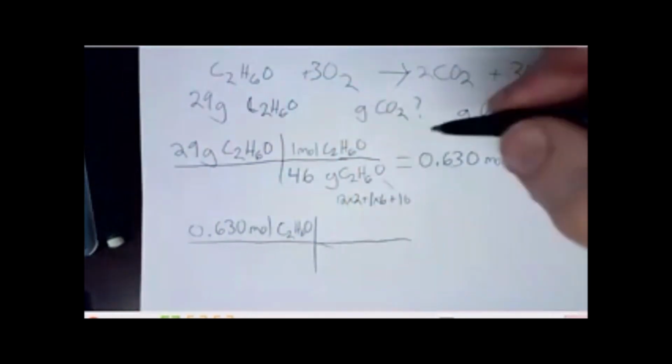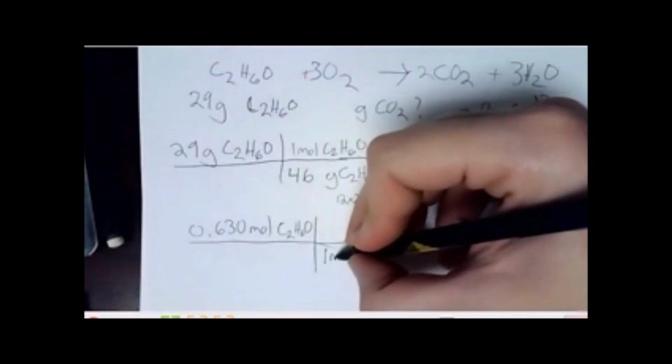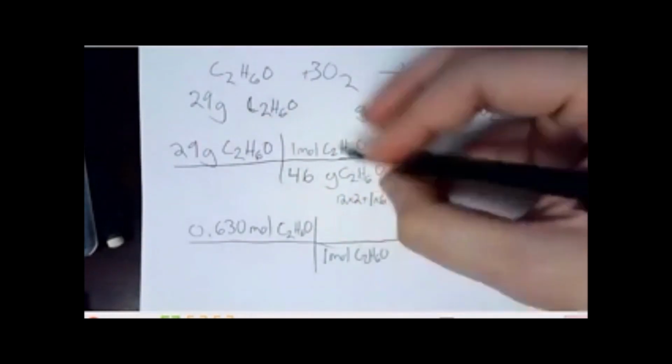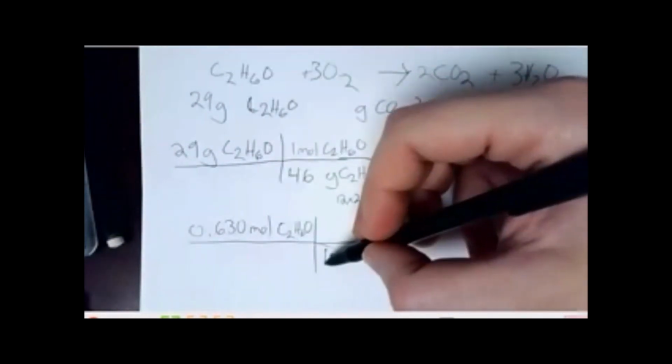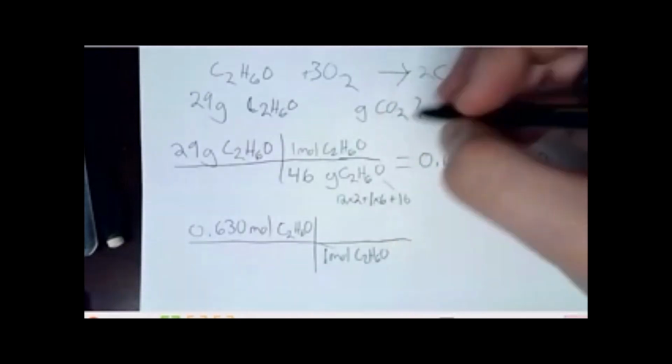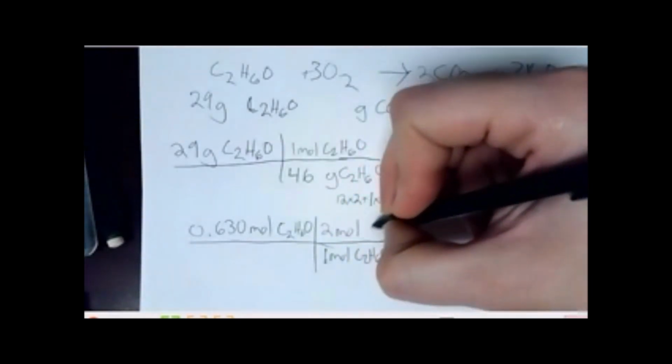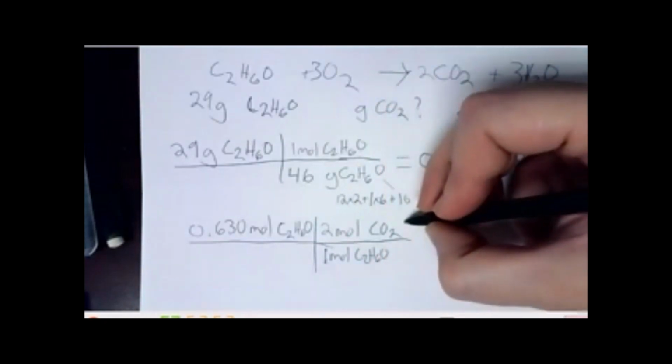So 0.630 moles of ethanol. I'm going to put 2 steps together. For every 1 mole of ethanol we burn. Now, please note, if this coefficient was anything but 1, we would put that coefficient down there. But since it's 1, it makes it a little bit easier. 2 moles of CO2.